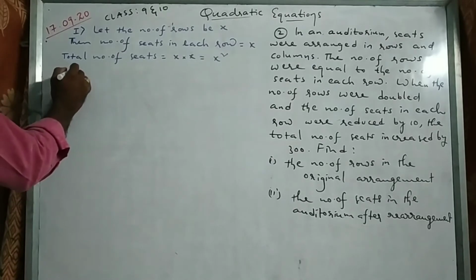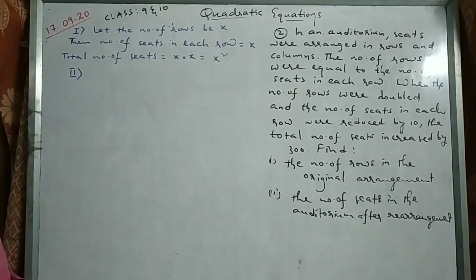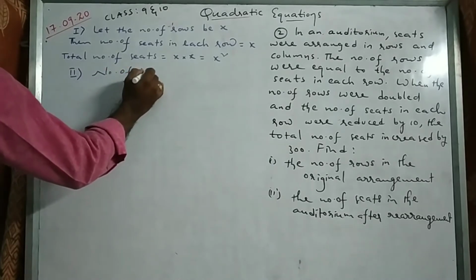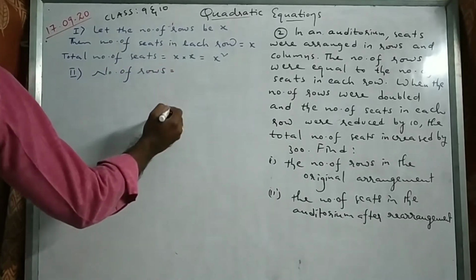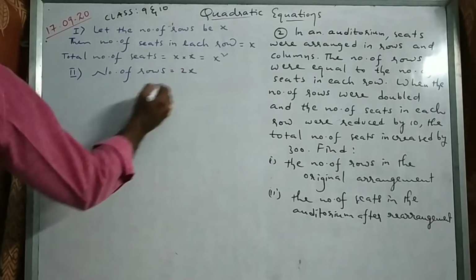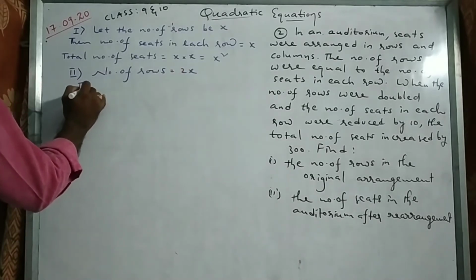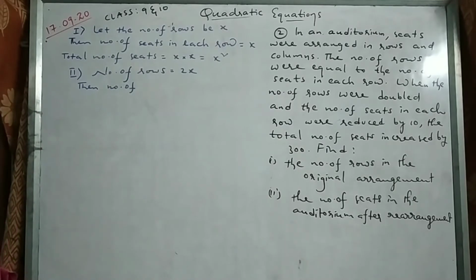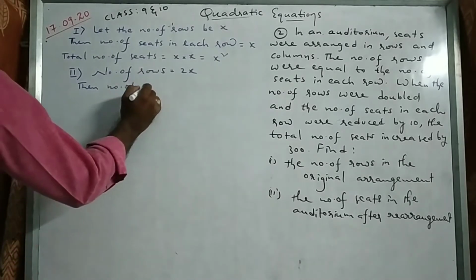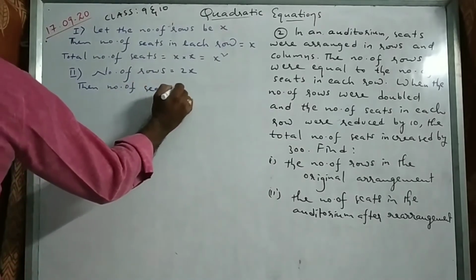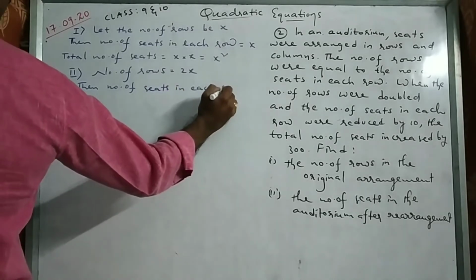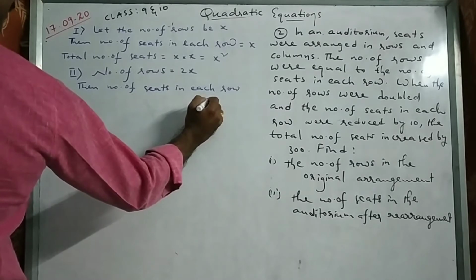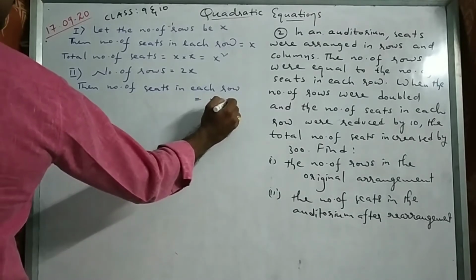In second case, what did they do? Number of rows were doubled. Doubled means 2x. Then number of seats in each row reduced by 10, means x minus 10.